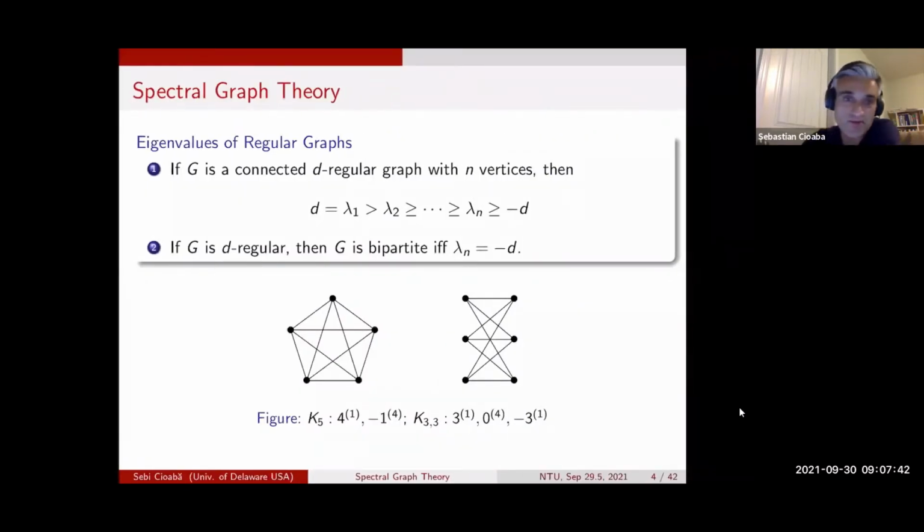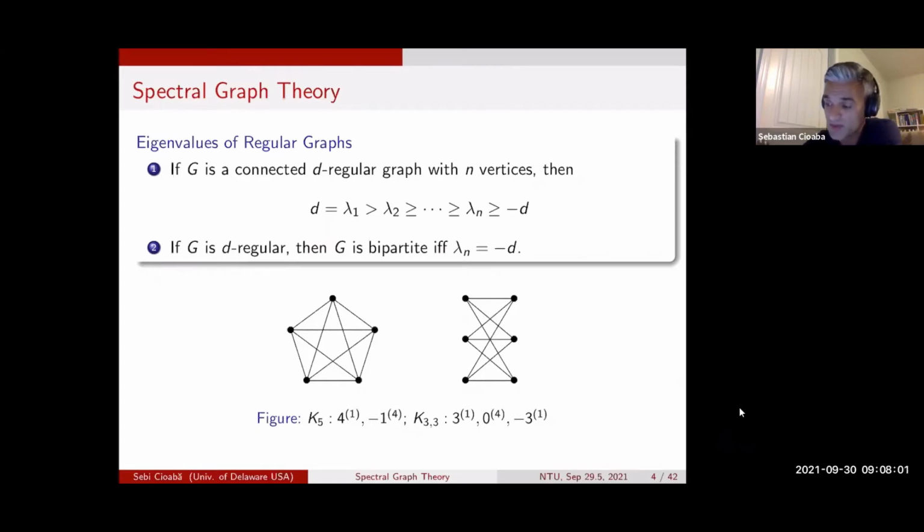Now, spectral graph theory plays a ping pong game, like many areas of mathematics, between different parts of mathematics. So it plays a ping pong game between combinatorial properties of graphs and linear algebraic properties of the graphs.